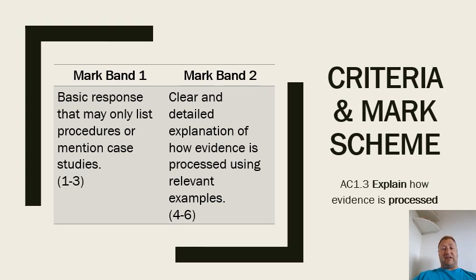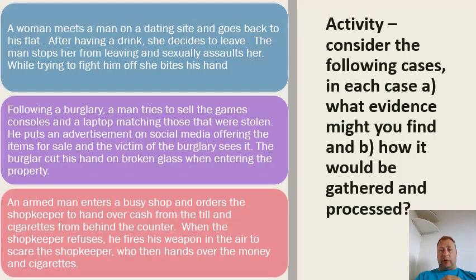Okay, so this is just describing, explaining the criteria. No evaluation for this bit, which is good after all the stuff we've been doing so far in Unit 3. So first of all, what I'd like to do is pause the video and read each of the scenarios and work out what evidence you think you might be able to find, and then how you would think about actually trying to collect it all.